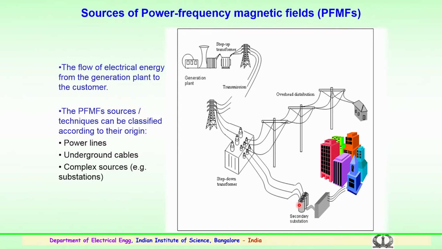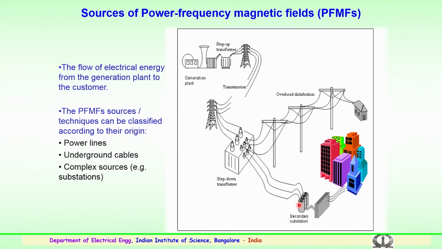The reason here is that the power frequency electric and magnetic fields, the sources from where they are generated, and the techniques to classify and mitigate them are very important for the utility engineers and also for the personnel who are working in electricity organizations.